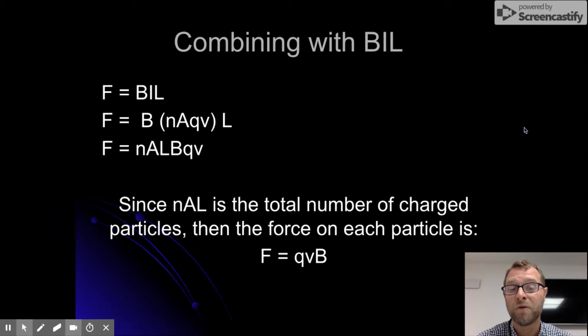And here we can see the force is dependent on the charge, the velocity, and the magnetic field strength. I said that earlier on. So think about the charge, the velocity, and the magnetic field strength. These are the features which impact the force on a charged object passing through a magnetic field.